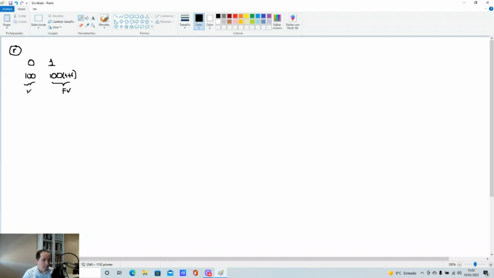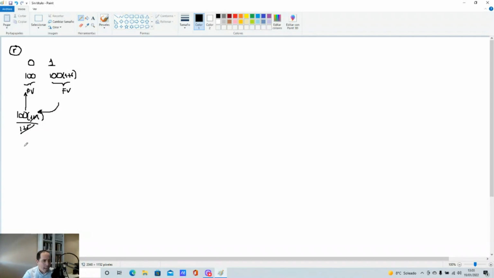What happens if you want to know the present value of this number? Well, you just take that money, 100 times (1 plus R), and divide it by 1 plus R, and you will get the number that we got here.